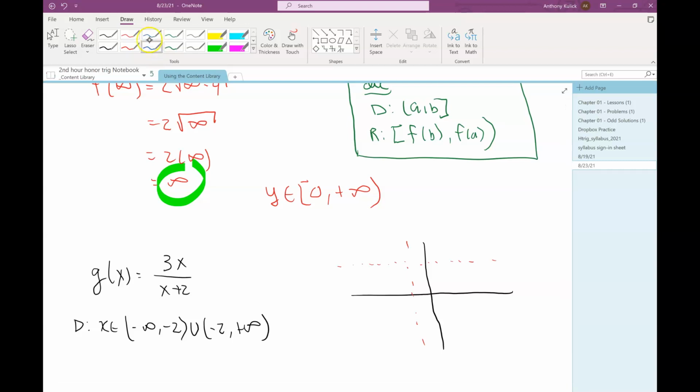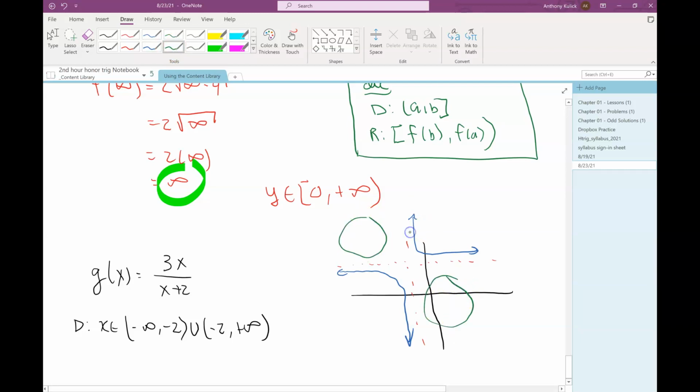And then the arms of this graph are going to be like two hyperbolas. In this case, since the leading coefficient is positive in the numerator and denominator, the graph will look like this. If one of them was negative, the arms would be there. They're always going to be kitty corner from each other, though, in a simple rational function.